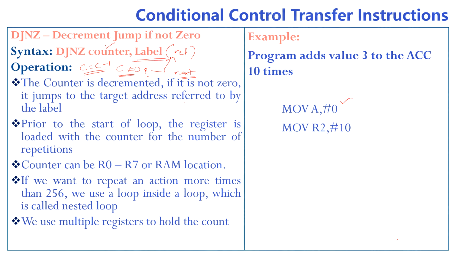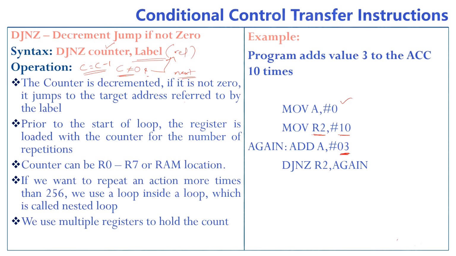Then MOV R2, #10. I'm using R2 register as the counter, and the count value is 10. Then I add A with 03. I need to add 03 10 times to the accumulator. Then I used DJNZ R2 for looping.